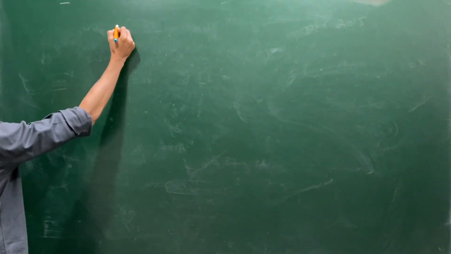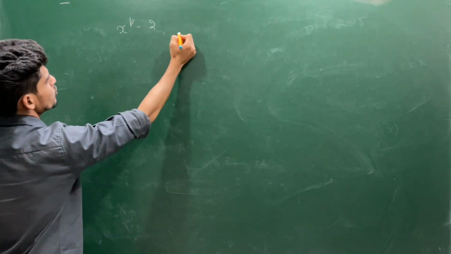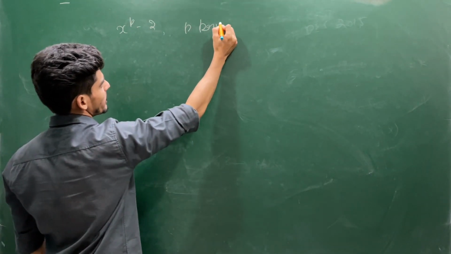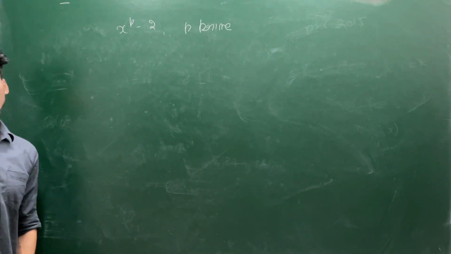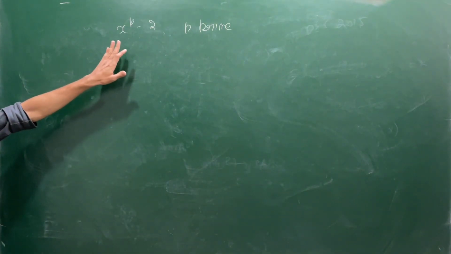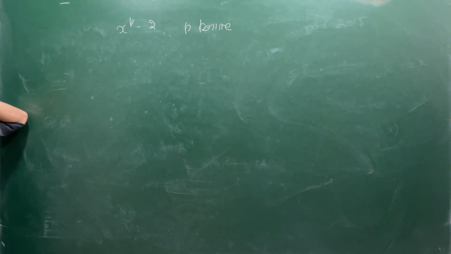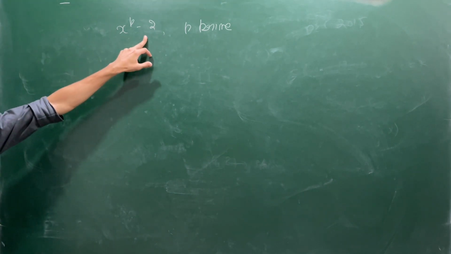Now let's discuss x to the power p minus 2, where p is prime. So you are looking for the splitting field for this. Can you give me the roots of this equation?